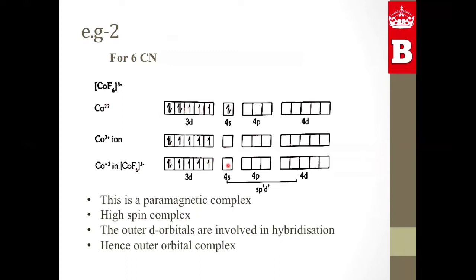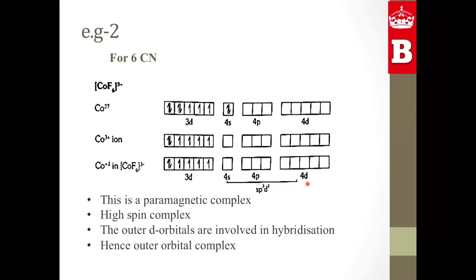So only 4s, 4p, and two 4d orbitals hybridize. This time it involves 4d, which means outer orbital, and outer orbital means high spin complex. So it will be a high spin complex, with sp3d2 hybridization.